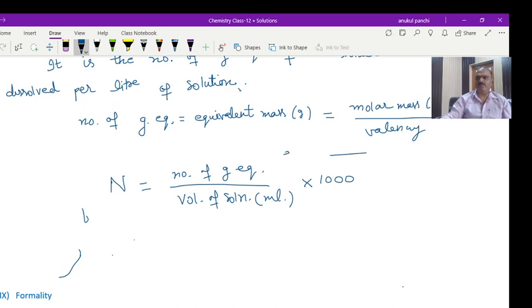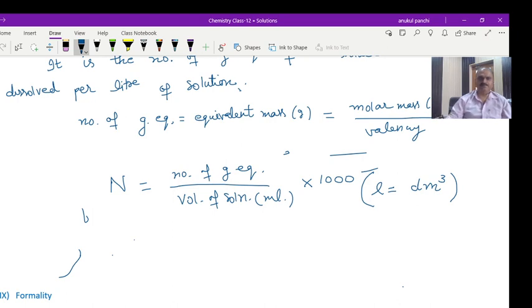One more thing, you must keep in mind that liter is also called decimeter cube, dm cube. Sometimes in a statement it is given as dm cube. Dm cube means decimeter cube. 1 by 10th of a meter cube is actually 1 liter. Okay. So normality is equal to number of gram equivalents upon volume into 1000.